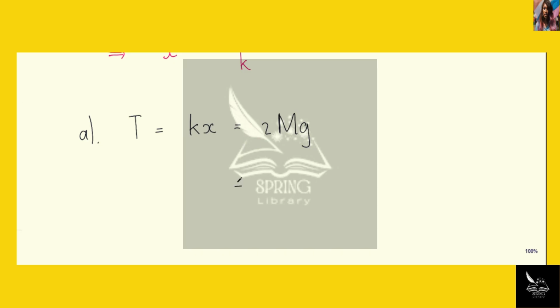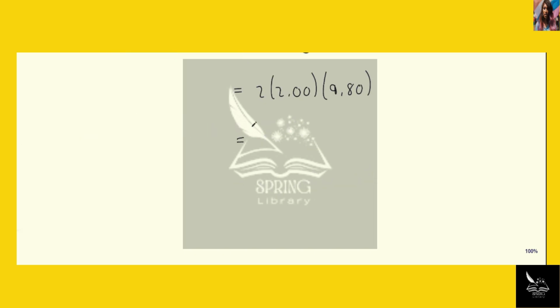And these values are known. So that's 2 times the mass we are given, which is 2 kg, times g, which we know is 9.8 meters per square second. And hence we get a tension of 39.2 newtons.